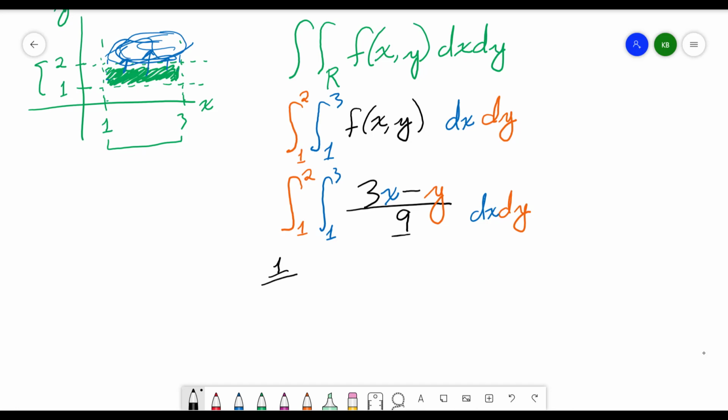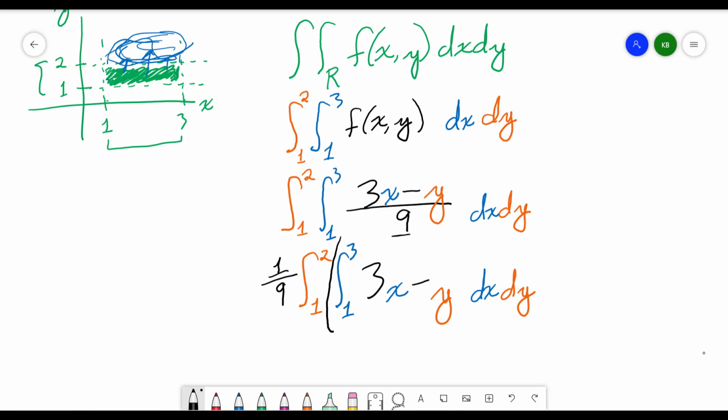So I'll have a 1/9 out in front of my integrals, and that leaves 3x minus y inside of my integral. I like to think of my inner integral as being inside of some unwritten parentheses because that's how we treat it. So I add the parentheses to make it super clear what's going on. Then we have to follow the order of operations, so we need to complete what's happening inside of my parentheses first.